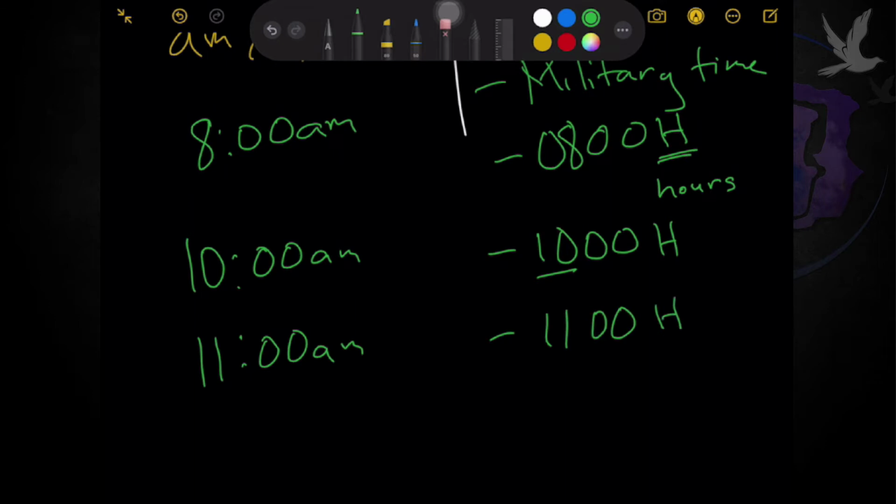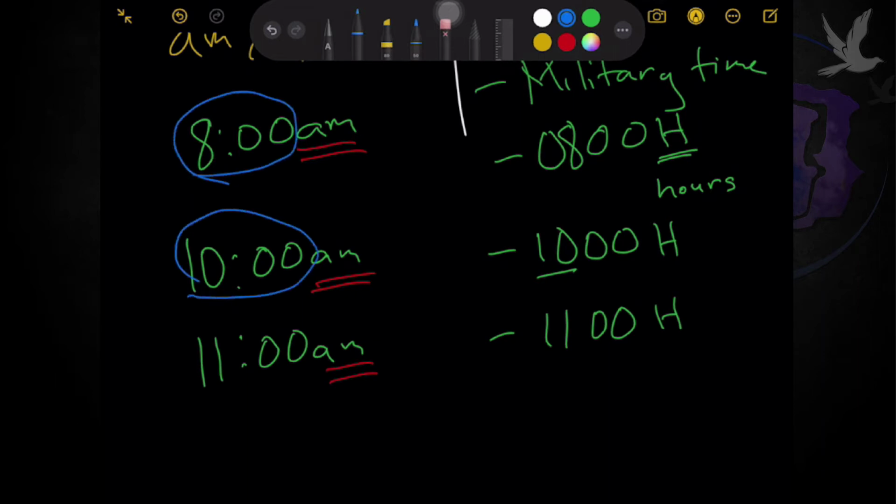Okay, so if you notice, since I'm using the AM parts here, you can notice that our base values are still there. 800, 800. 1000, 1000. 1100, 1100.